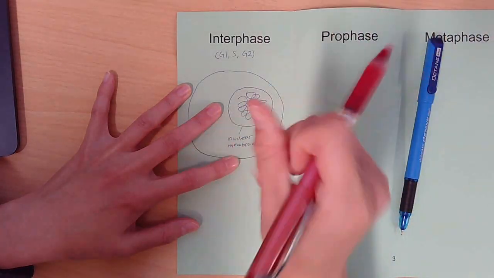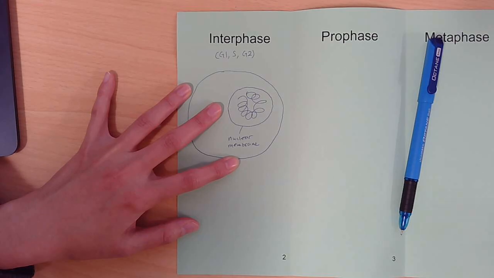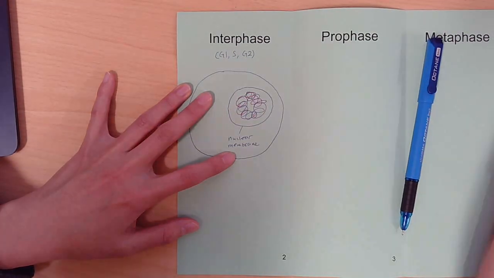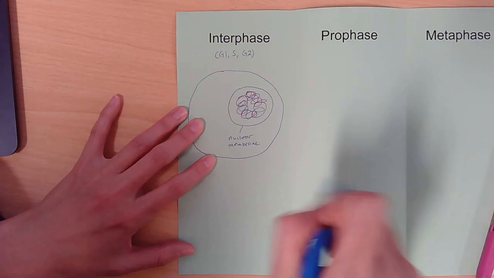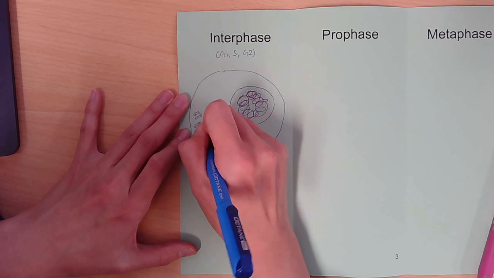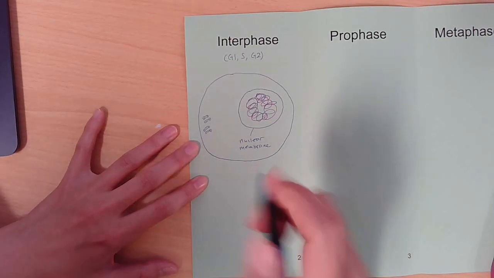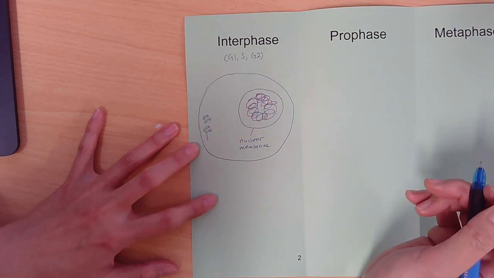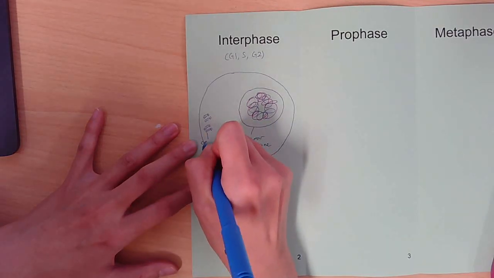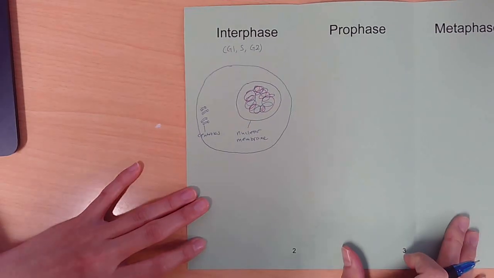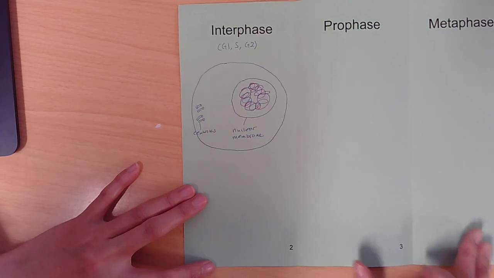And I'm going to use 2 different colors to indicate both the maternal and the paternal copy of the chromosome that came from your mom and dad. And over in this corner, we have 2 pairs of centrioles. And centrioles are these cylindrical looking organelles that are used for cell division. And their roles will become more apparent as we continue in this brochure making.